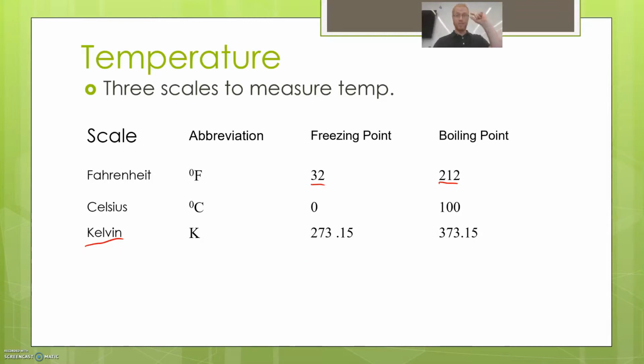Okay? So, when we measure things in kelvins, we just say 273.15 kelvins. All right? Now, freezing point of water on the Kelvin scale is 273.15. Boiling point, 373.15. Now, do you notice anything about those two numbers?